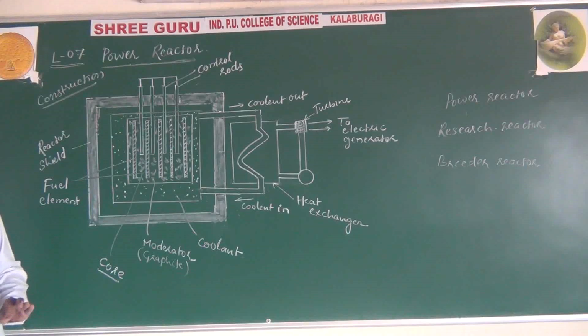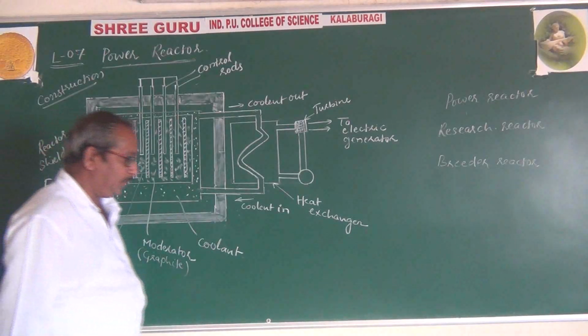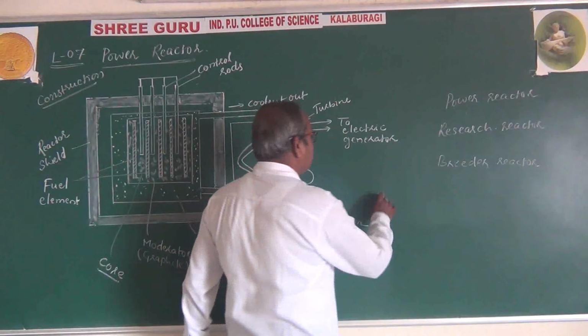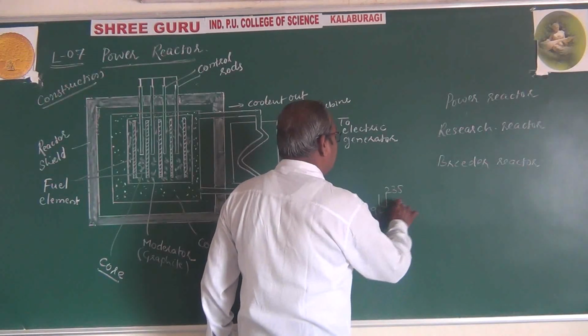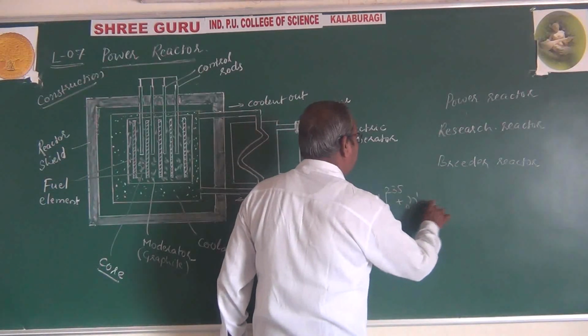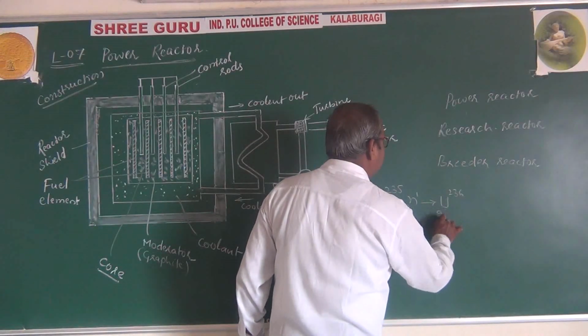will be bombarded with the thermal neutrons, and a uranium isotope will be formed. Uranium plus thermal neutron becomes uranium-236, which is unstable.